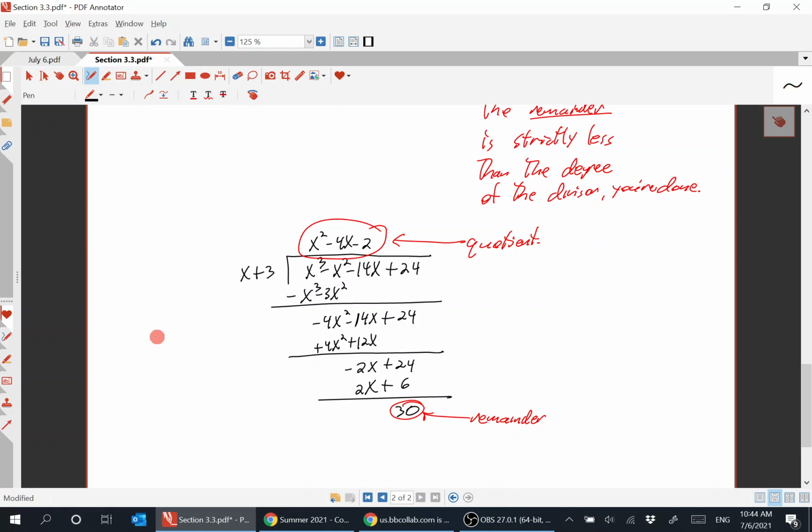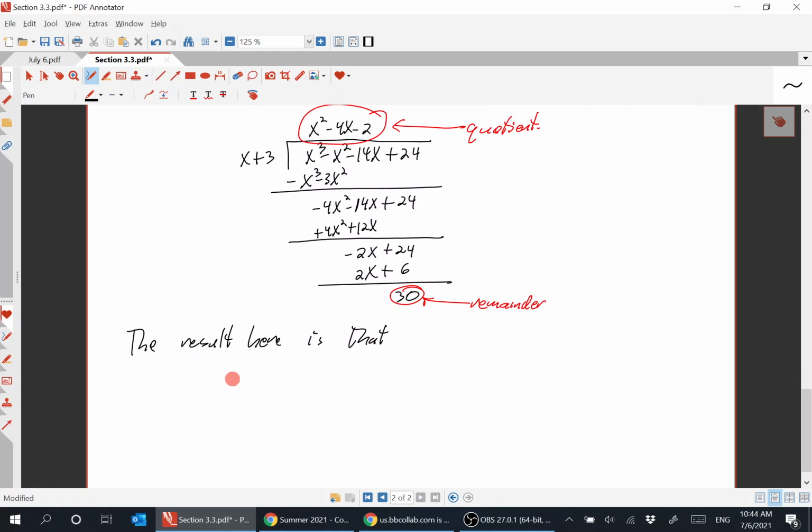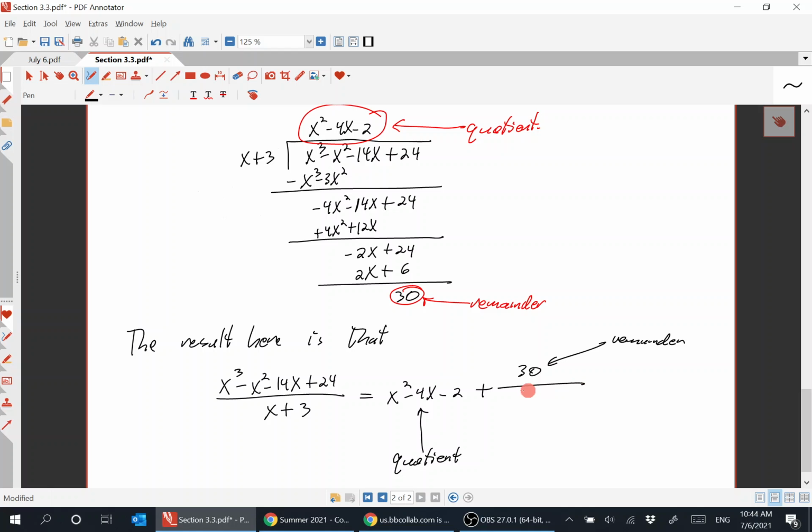Okay, so we say that x to the third minus x squared minus 14x plus 24 divided by x plus 3 is equal to the quotient x squared minus 4x minus 2 plus the remainder over x plus 3.